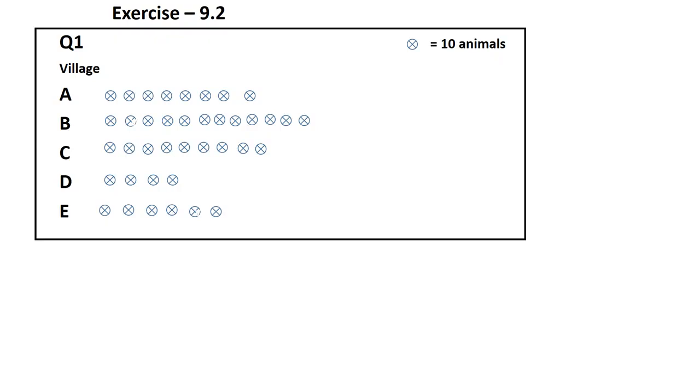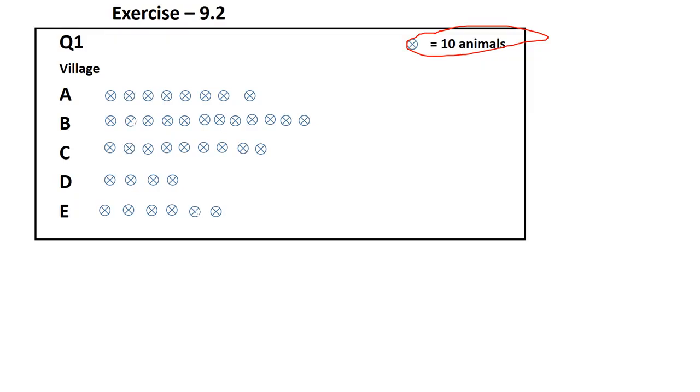This scale is given to us in the question, so we can write down the same, one symbol equal to 10 animals. Village A has 80 animals, so 8 symbols we have drawn here. In village B 120, so 12. In village C 90, so 9 symbols. In village D 40, 4 symbols. Village E 60, 6 symbols.